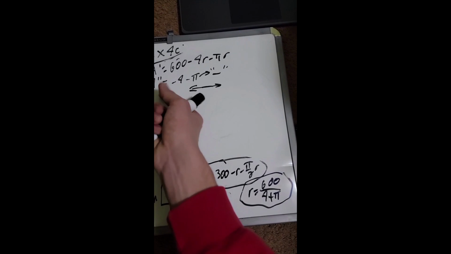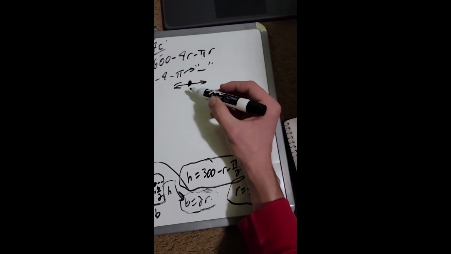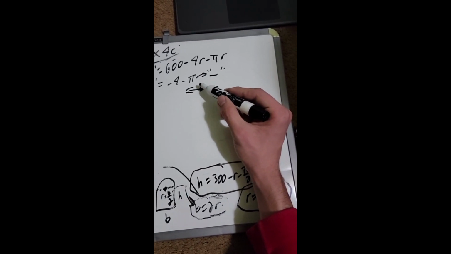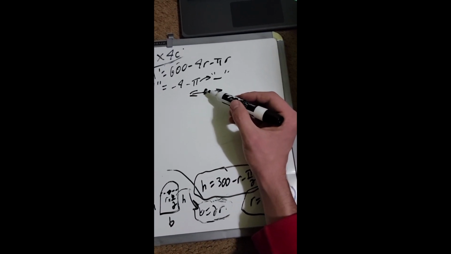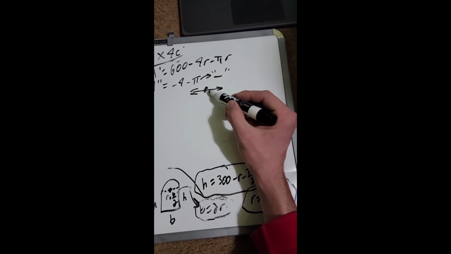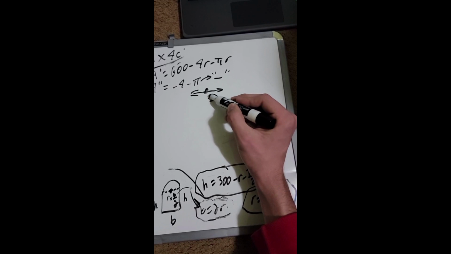Our second derivative says that throughout the entire function, you are decreasing. So we can think of this relative to 0. If it's decreasing, then that means that after 0, our first derivative is going to become negative.